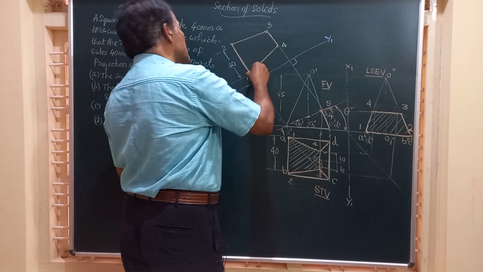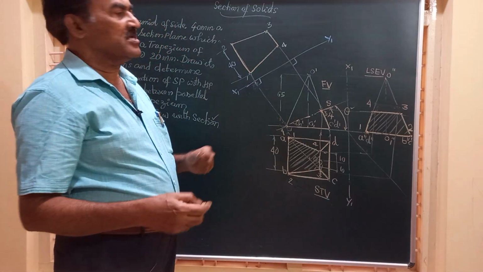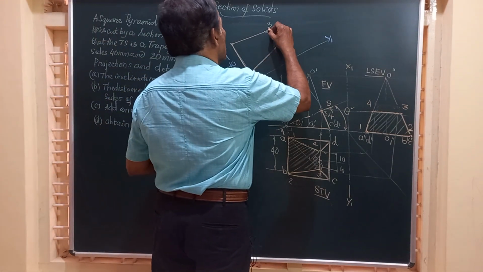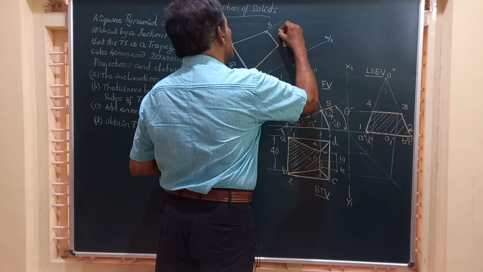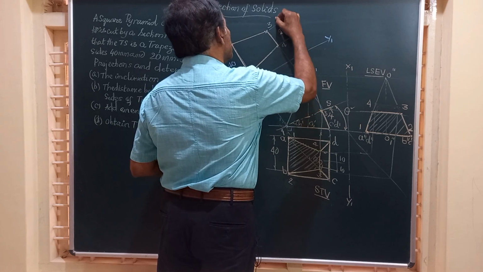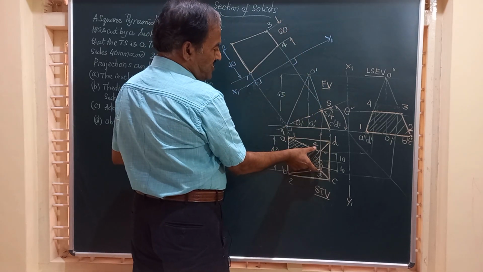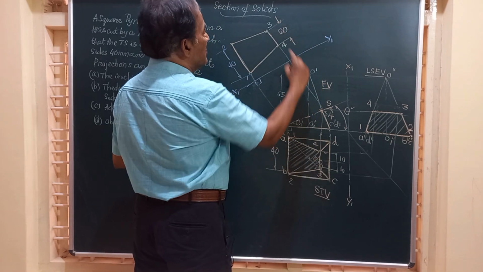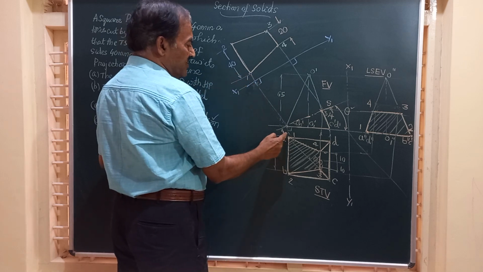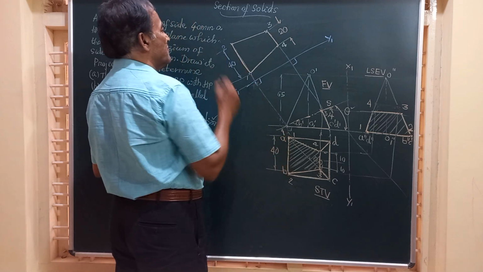Friends, remember the true shape of the section is a trapezium as they have given, and this distance is going to be very obviously 20 mm. That you can verify from the top view. The distance between 3 and 4 is 20, and between A and B, or 1 and 2, is 40.